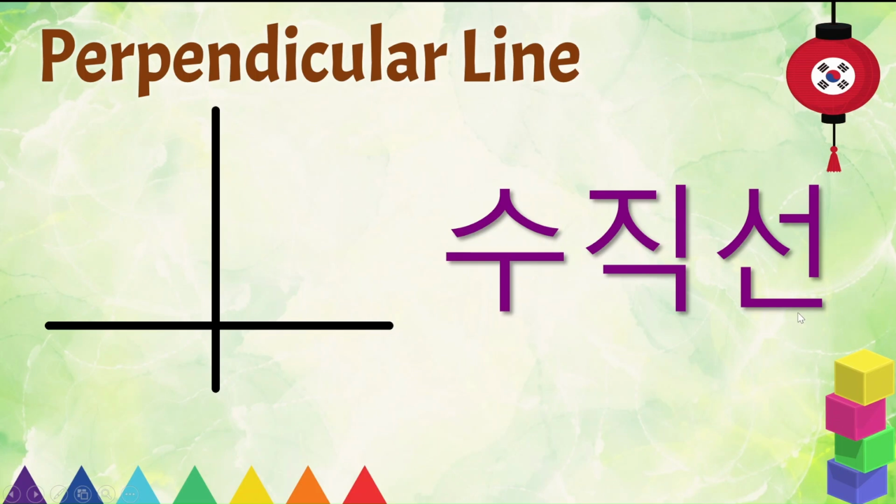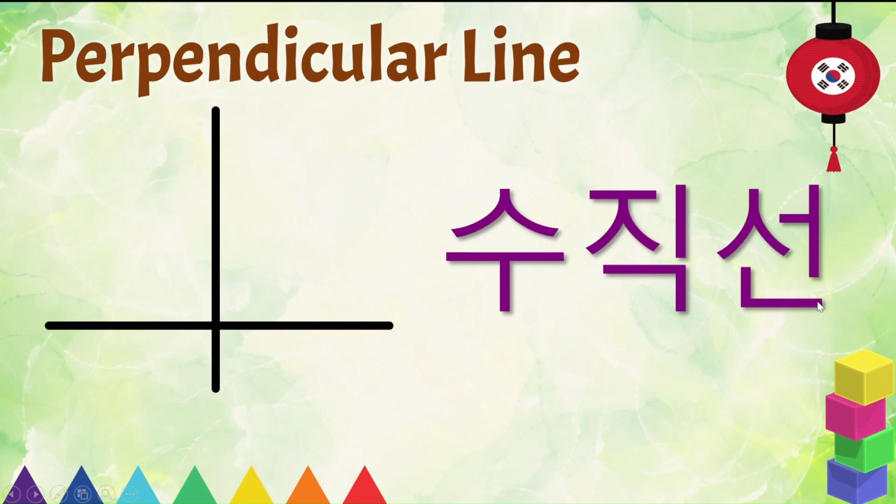We have just seen this, that the Korean word for vertical line is also 수직선. So don't get confused. With the help of the context, you'll be able to identify whether we are talking about vertical line or perpendicular line. Okay, so in Korean, there is a single word for both vertical and perpendicular line, that is 수직선.